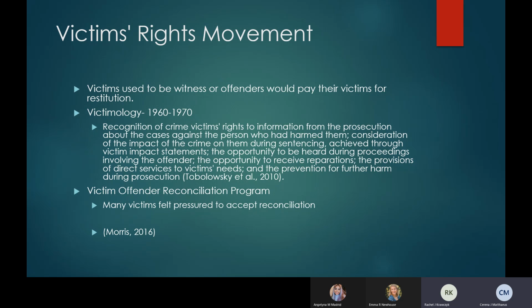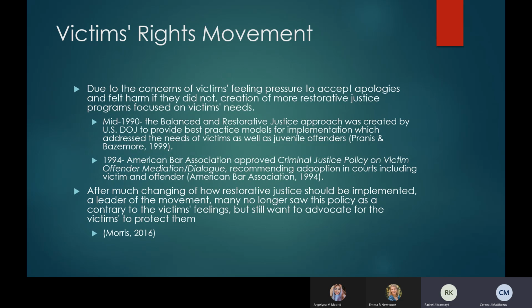And then a victim offender reconciliation program was created, but many of the victims felt pressure to accept reconciliation. Due to concerns of victims feeling pressure to accept apologies and feeling harmed if they did not, more restorative justice programs focused on victims' needs were created. So, in the mid 1990s, the balanced and restorative justice approach was created by the United States Department of Justice to provide best practice modules for implementation which address the needs of victims as well as the juvenile offenders.